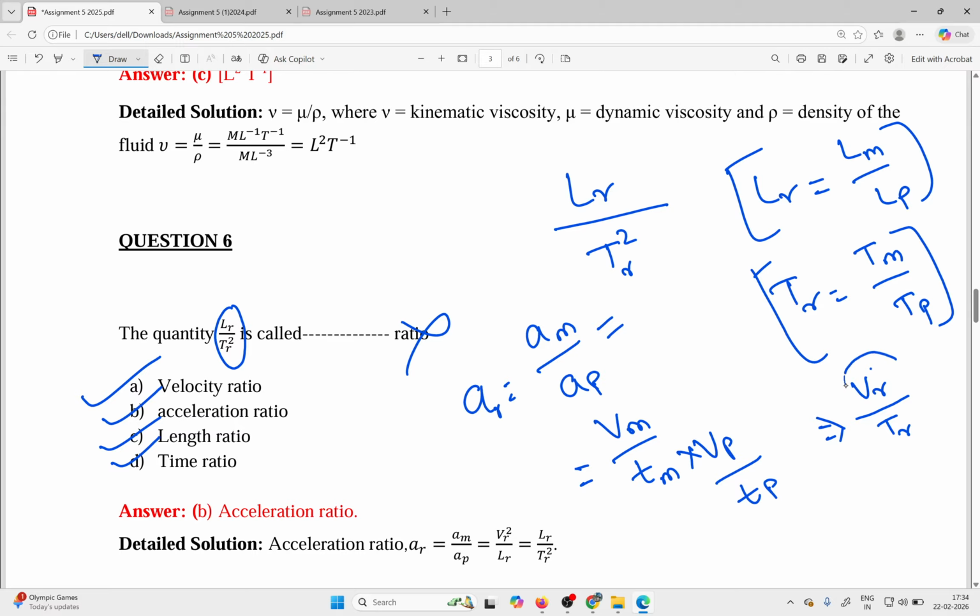In terms of V, we are correct here. But here it means the Vr square, that is actually not able to get.